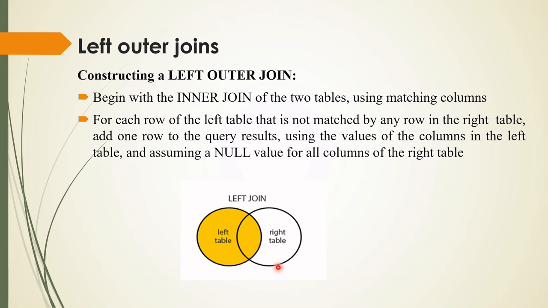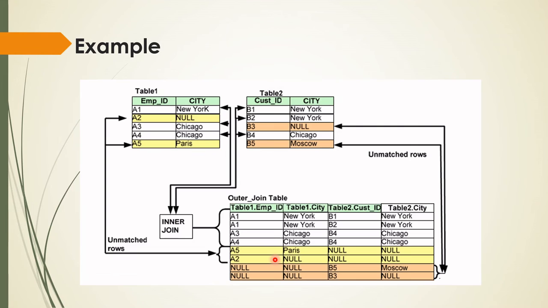Now in a left outer join, as the name suggests, we are writing only the left table's matched records and unmatched records. So here in this example, the left table is table 1, so we are comparing with it, and the comparing outputs are also here according to the inner join. Now in the outer join we have two rows, that is A2 with null and A5 with null pair, for which there is no match in table 2.